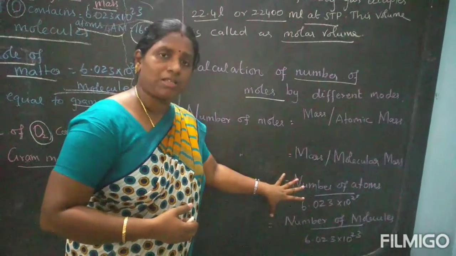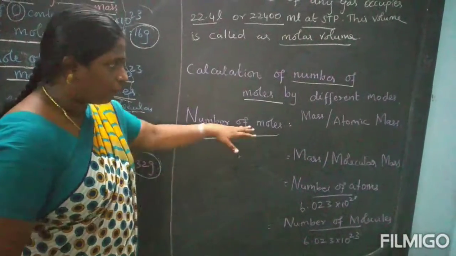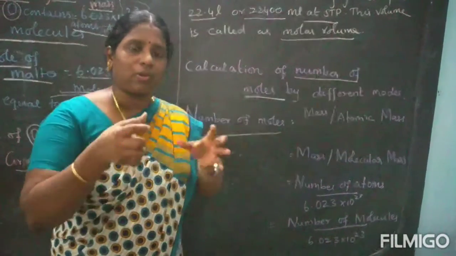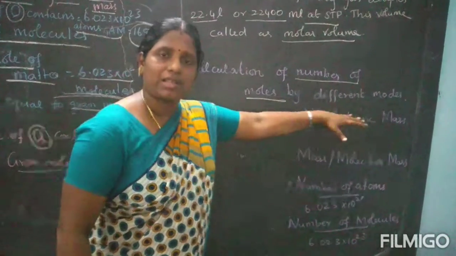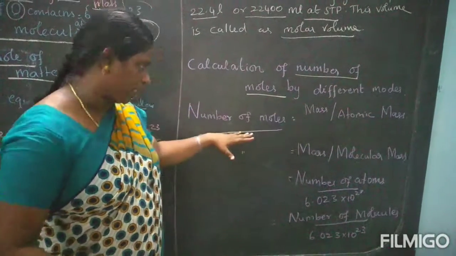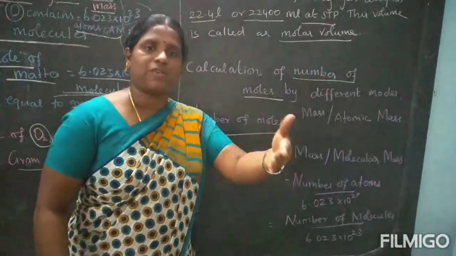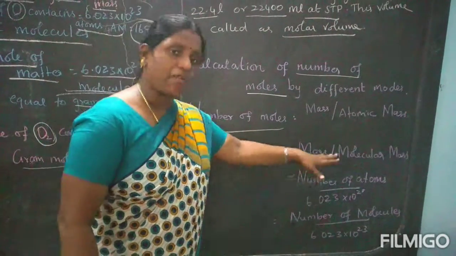Number of moles is equal to mass divided by atomic mass. If the problem gives the mass and atomic mass, then using these you get the number of moles. Similarly, if mass and molecular mass are given in the question, you can find the number of moles. Otherwise, number of atoms.